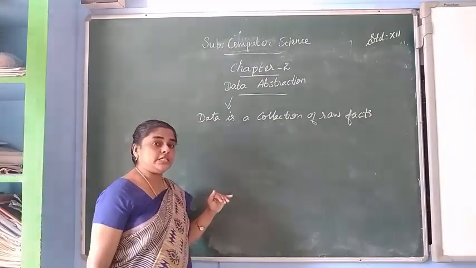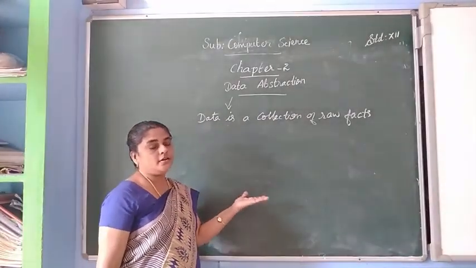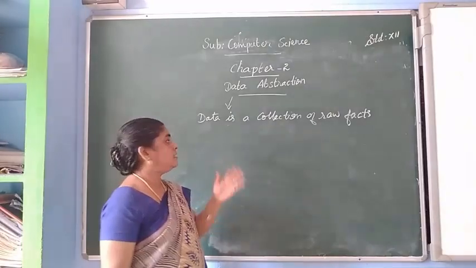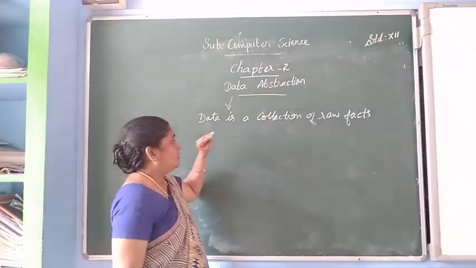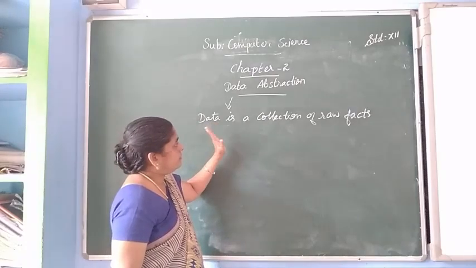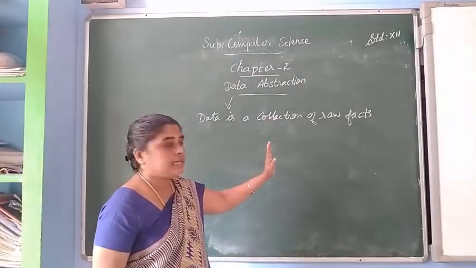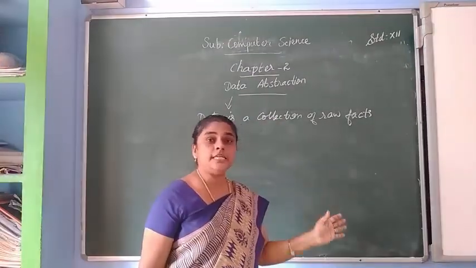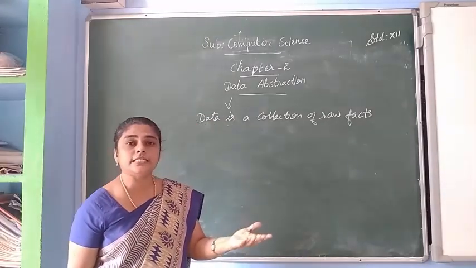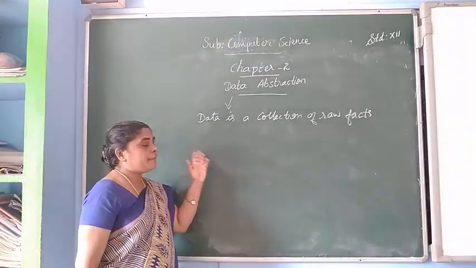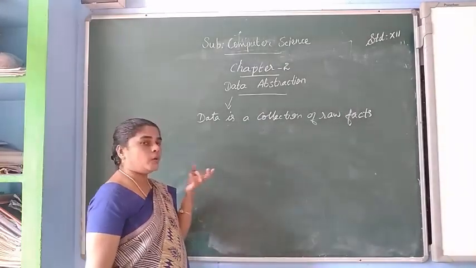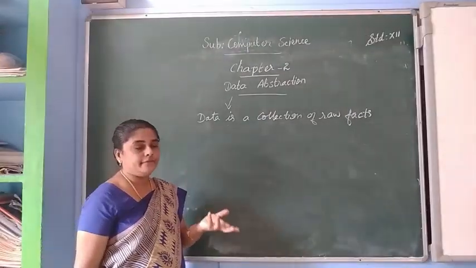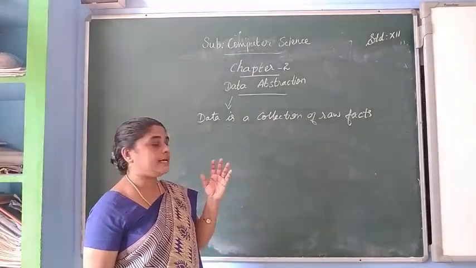Then another definition we can say about data, as you are studying in C++: data is a collection of raw facts about a person or place or any other objects. About a person means his own biodata. Object means the quantity of the object, like the weight of the object, size of the object.